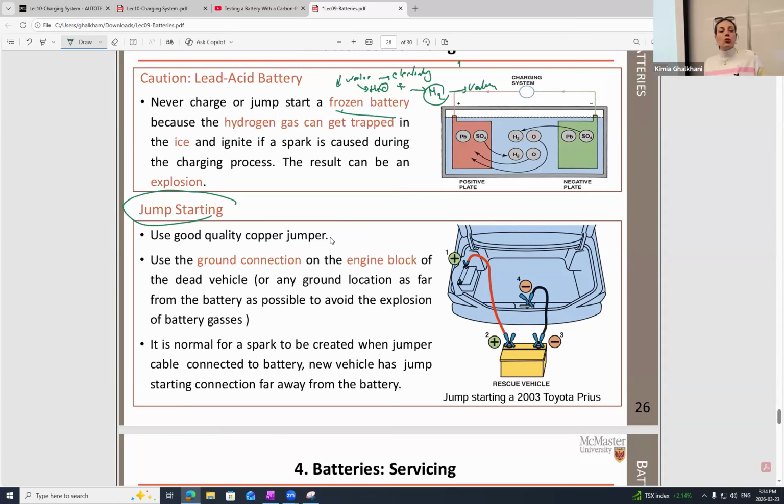I remember I used to live in Quebec years back, and I was seeing this issue very often for everybody. Therefore, even overnight, everybody is supposed to connect their battery to the outlet to avoid frozen electrolyte or any icy situation for the battery.